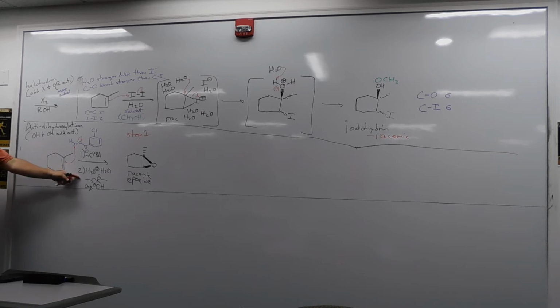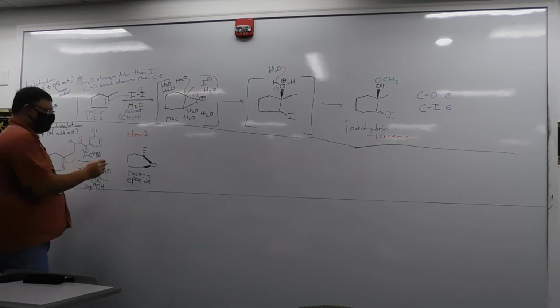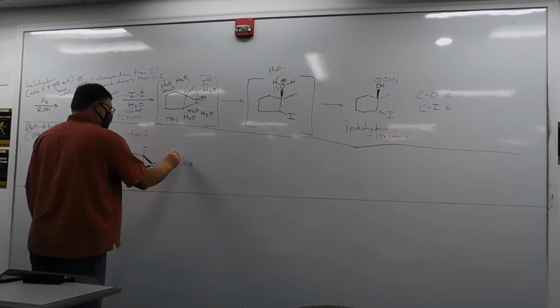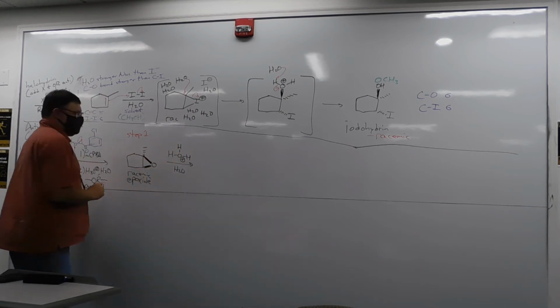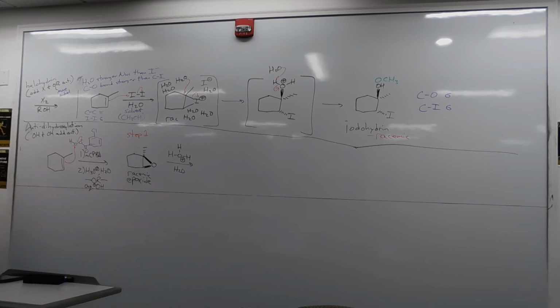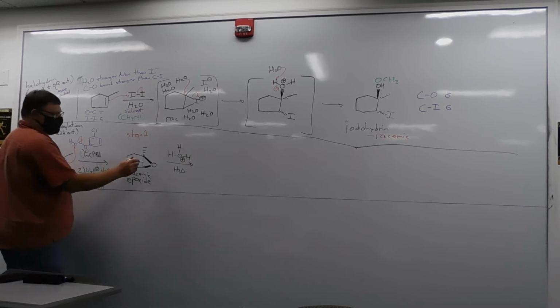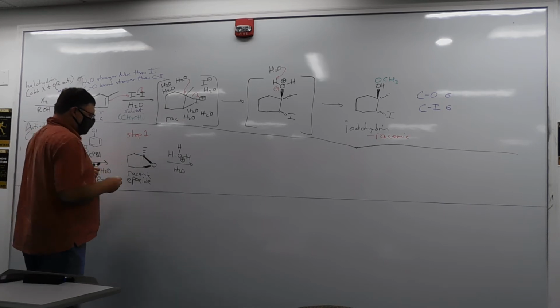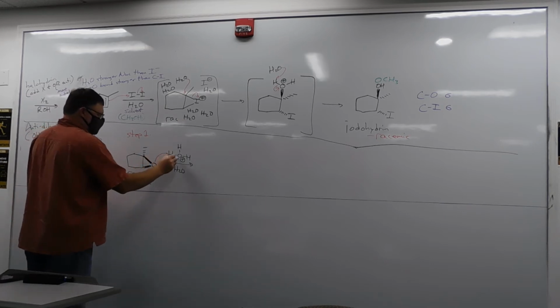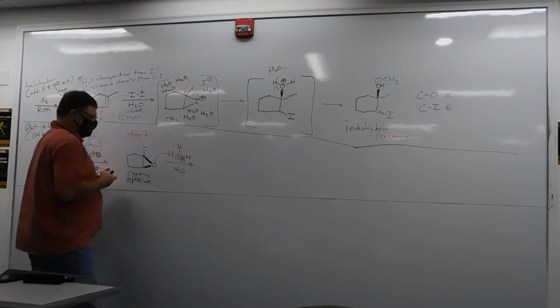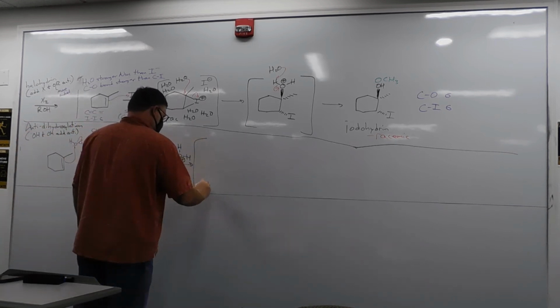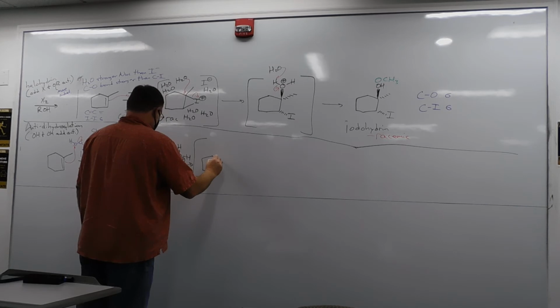Okay, so now step 2, H3O plus and water. Under acidic conditions, so you might notice here I've got 4 hydroxide. We actually have 2 different mechanisms here. So the first step is protonation of the epoxide oxygen. And again, I'm just drawing one stereoisomer.